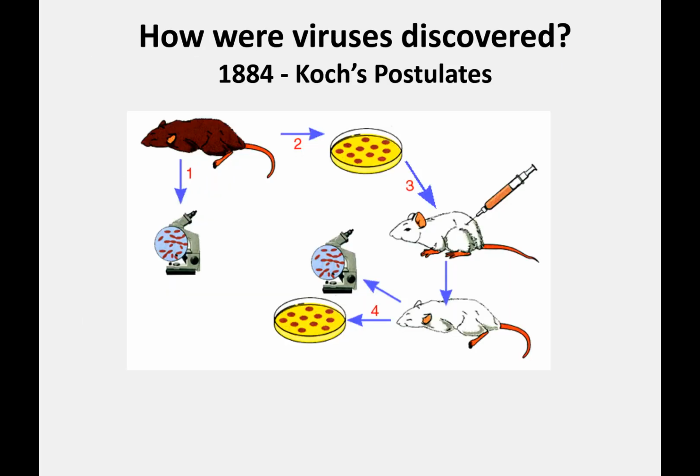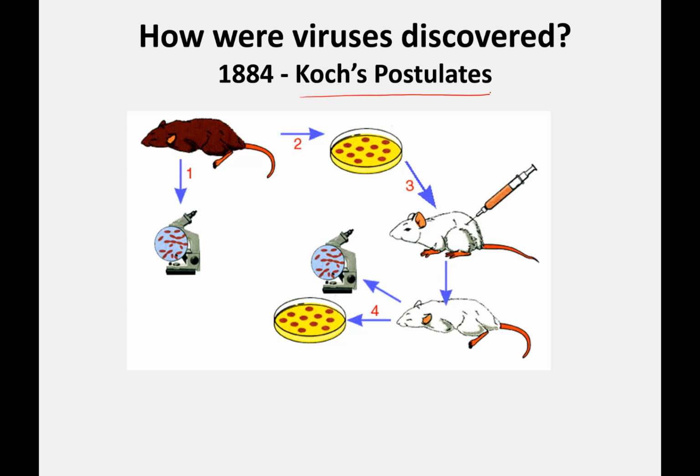So how are viruses discovered? Viruses were discovered back in the late 1800s, but the challenge was, at the time, Koch's postulates was the kind of golden rule for discovering a microorganism, an infectious agent.